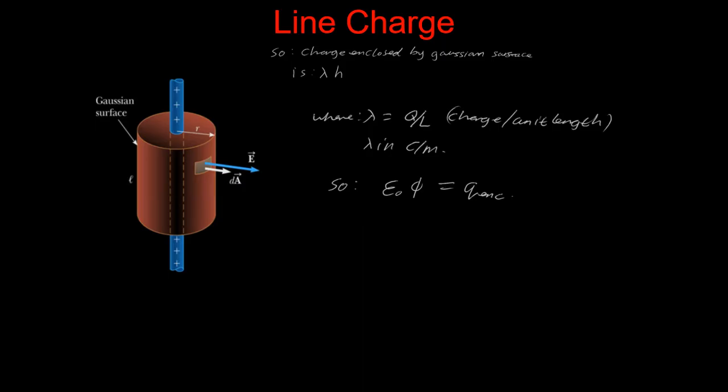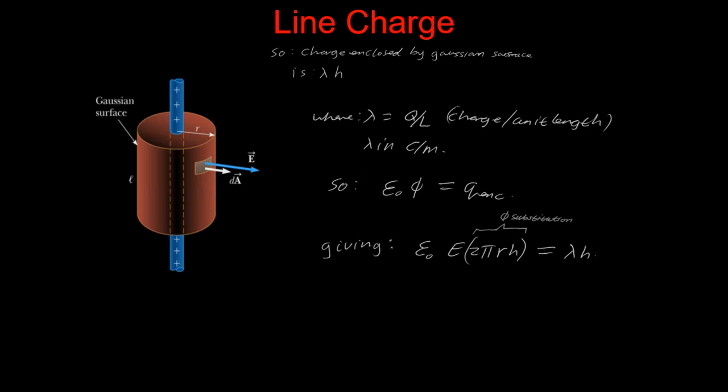Now we know our expressions for phi and Q enclosed, so epsilon 0 phi is equal to the charge enclosed in this particular surface. That means we also know what phi is. Phi is E times 2 pi r h from our previous slide.